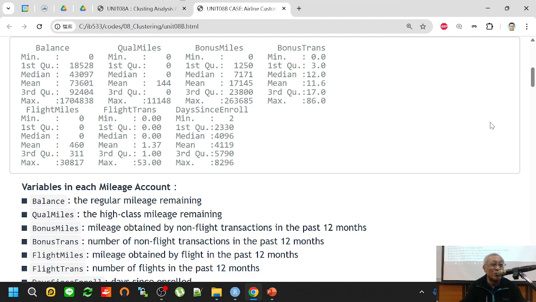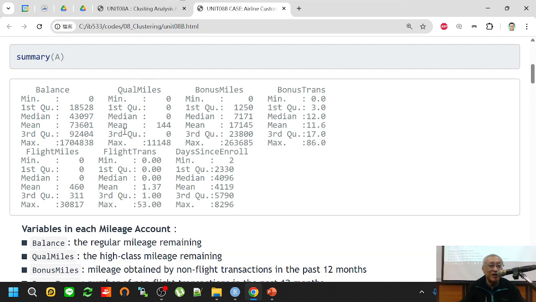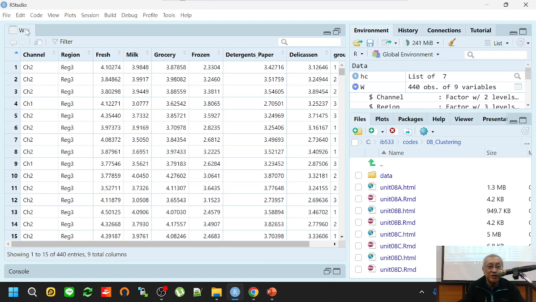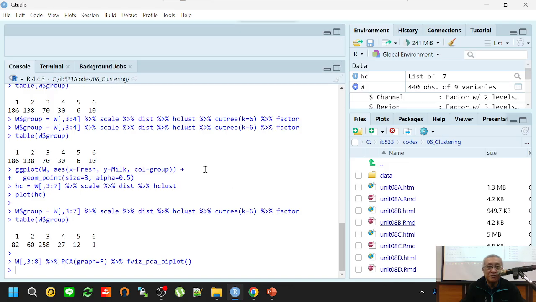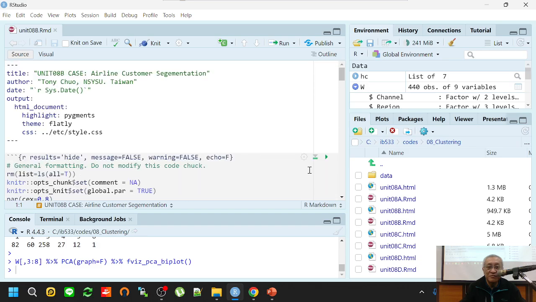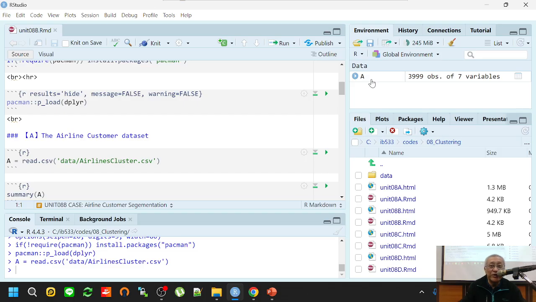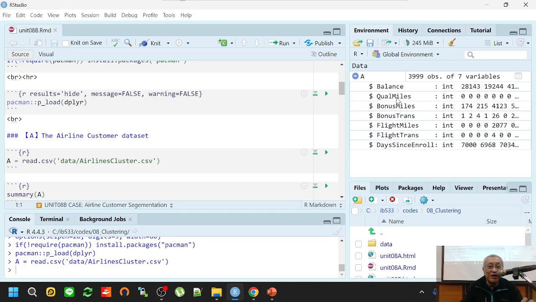So this data is actually customer data, and when we read it in, we will see 4,000 customers. For each customer, there is a few data.